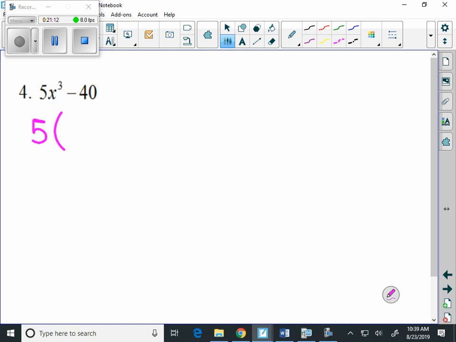5x cubed divided by 5 is x cubed. 40 divided by 5 is 8. And now we have a value. Now we have a parentheses that's a perfect cube that we can factor. I'm going to write the little parentheses as close to right underneath the x cubed minus 8 as possible.